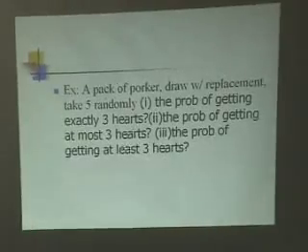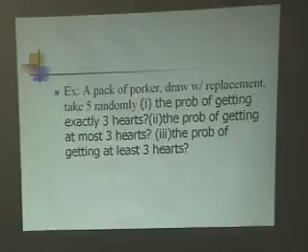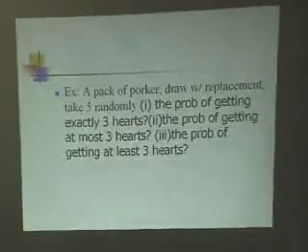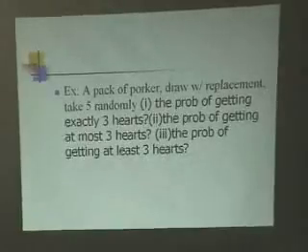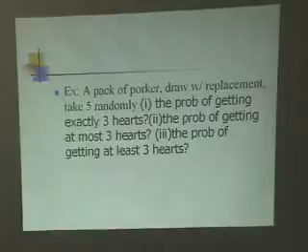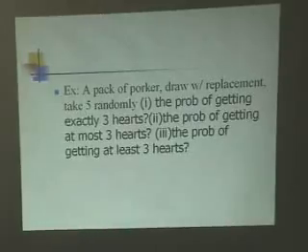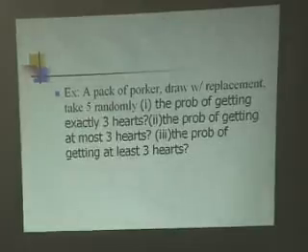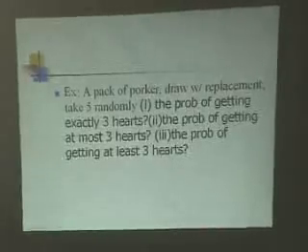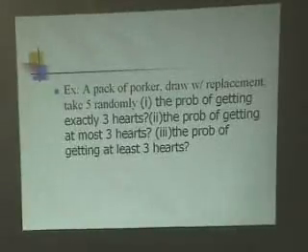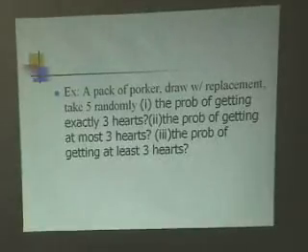You get 5 out of it, but here you are only concerned with how many are hearts. 3. The probability of getting at most 3 hearts. What does at most mean? The gentleman in the blue t-shirt, what does at most mean?